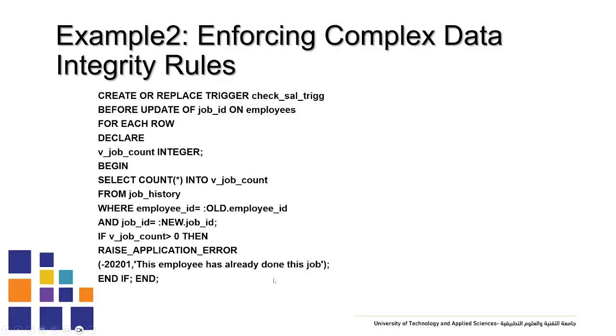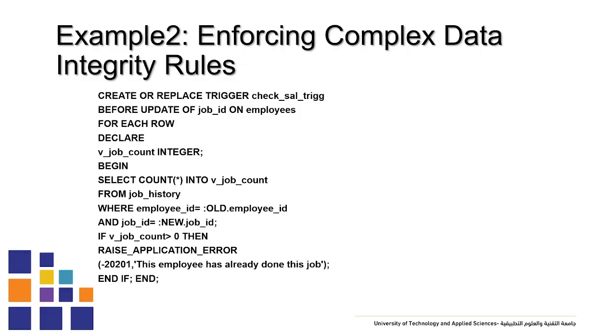So in short, the summary of this trigger logic will check whether the employee has already held a particular job before allowing an update to be made on the job ID. The trigger checks the history, if it's already recorded for the employee with the use of employee_ID, and there's a binding there with the new and old.